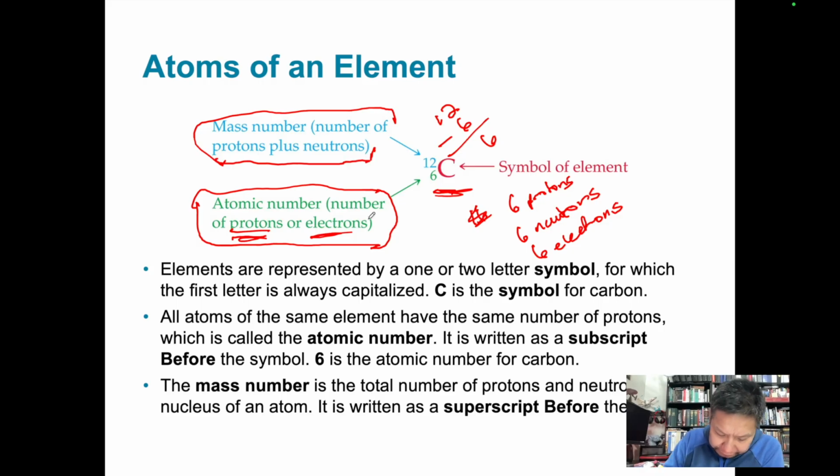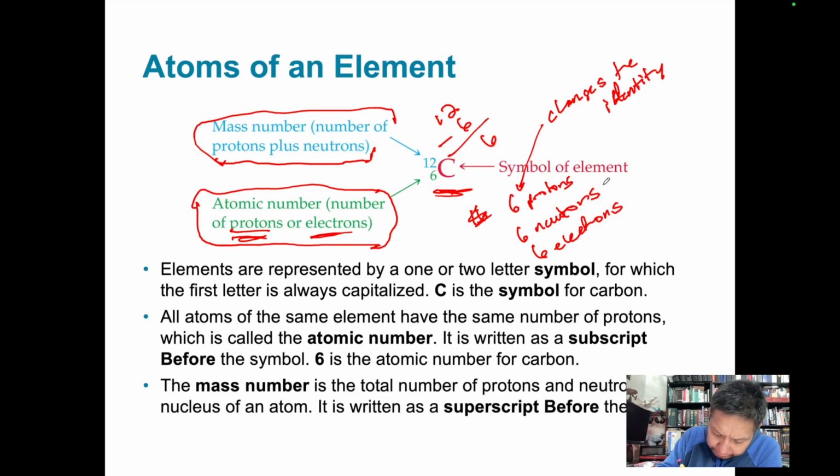So the thing I want you to know, one more time, is that when you change the number of protons, that changes the identity of the atom. You change the number of protons, now you have a different atom.